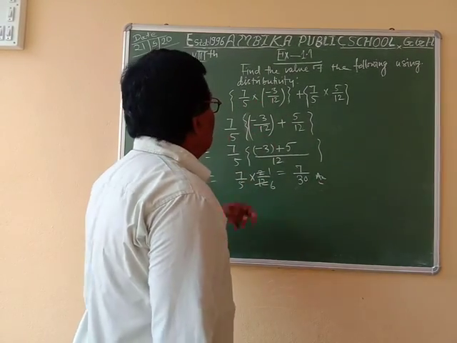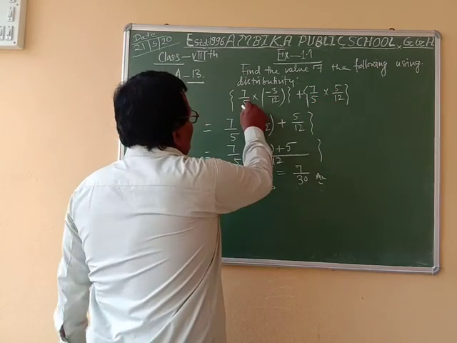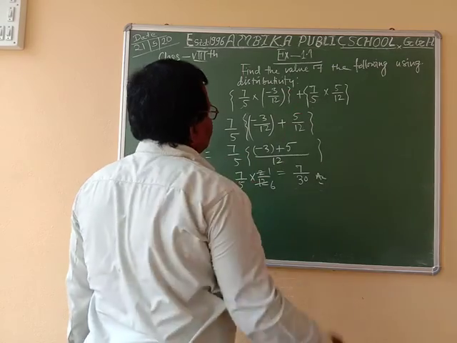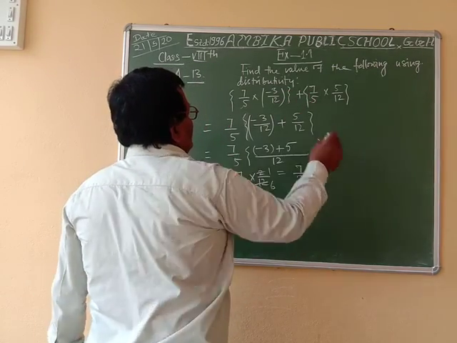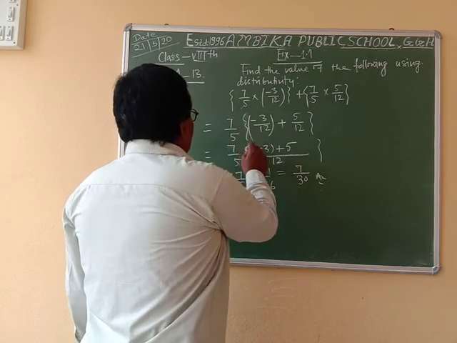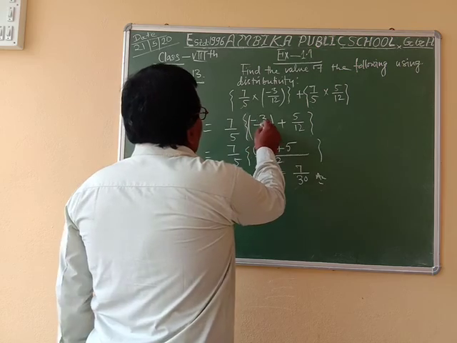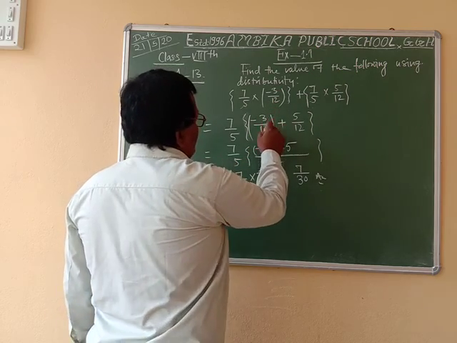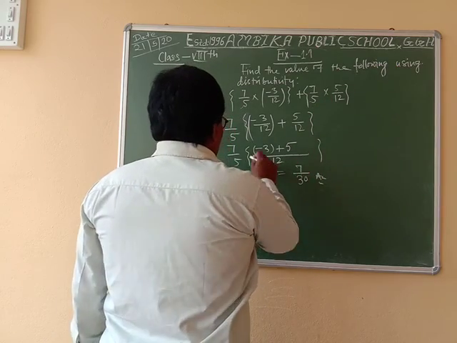Minus 3 by 12 plus 7 by 5 into 5 by 12. Here 7 by 5 is common from the left and right side of plus. So we take common 7 by 5. Taking common, we write minus 3 by 12 plus 5 by 12.